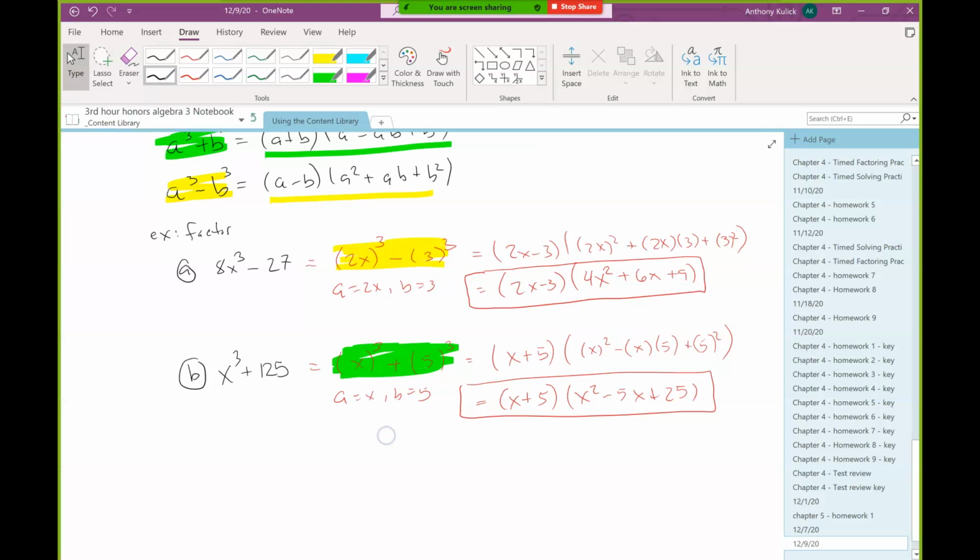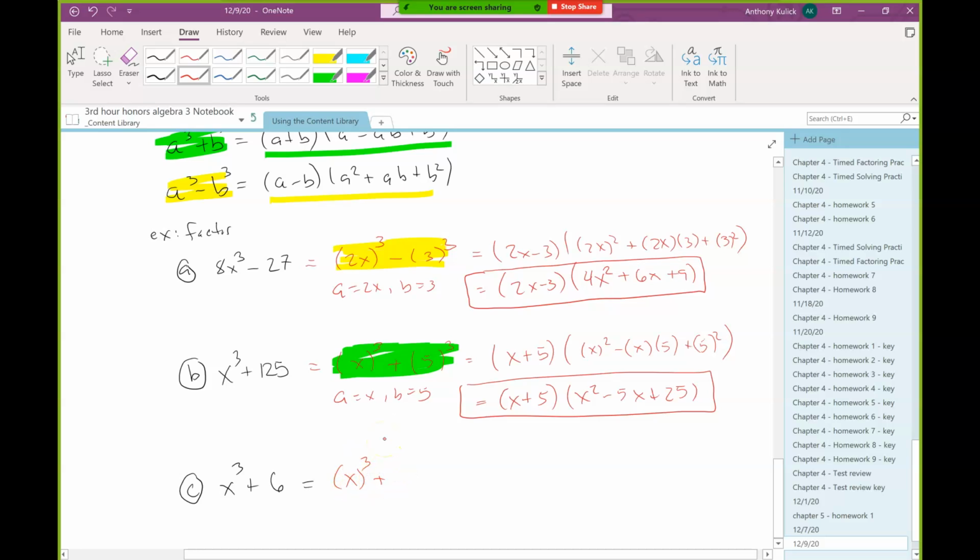The only thing to be cautious about here is that not everything at first glance is a difference or sum of two cubes. Let's make it a little more challenging to see. For example, if I have x to the third plus 6, well, x to the third is no problem.